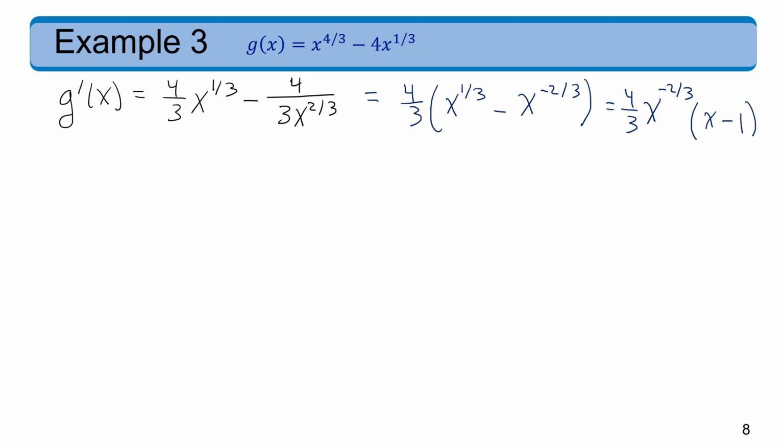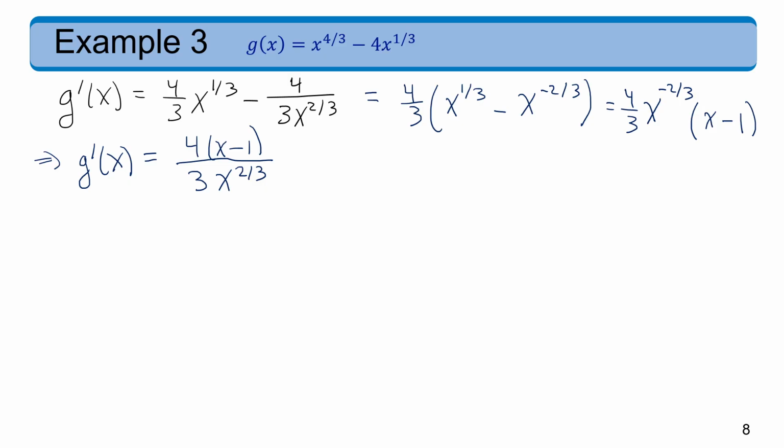Okay, so now let's write our final version of g prime. Now, if you wanted, we could move that x to the negative exponent down to the denominator. So in the numerator, we have 4 times x minus 1. And in the denominator, we have 3 times x to the positive 2/3. Okay, so this is a nice factored form of g prime.